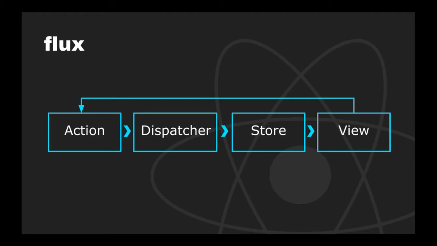The main idea here is that Flux is going to allow the views to generate an action, and those actions will go through a dispatcher, and then the dispatcher will notify the stores to modify themselves, and then the store will notify the view that some changes are happening inside them, so it perhaps needs to be re-rendered.